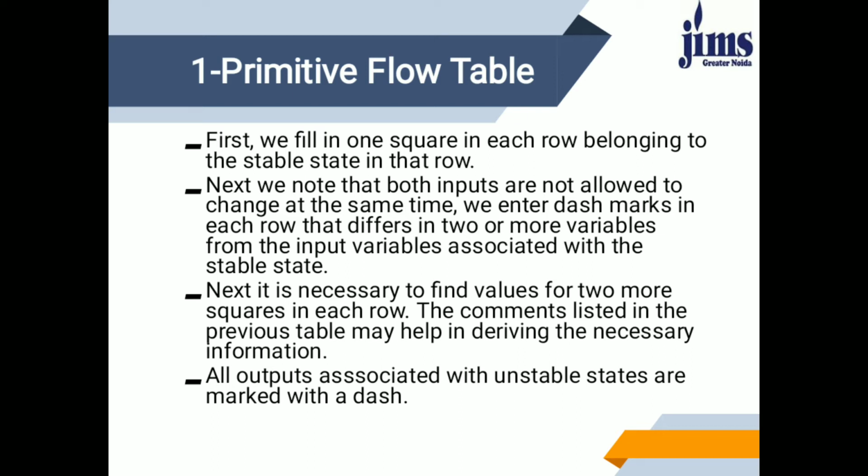Next, it is necessary to find values for the output in each row. The comments listed in the previous table may help in deriving the necessary information. So all outputs associated with unstable states are marked with a dash.